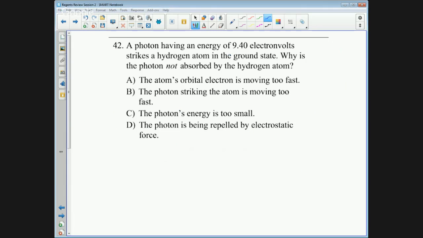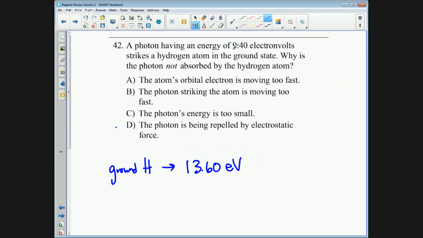42 says a photon having an energy of 9.40 electron volts strikes a hydrogen atom in the ground state. Why is the photon not absorbed by the hydrogen atom? If we look on the reference table, the ground state of hydrogen requires 13.6 electron volts.